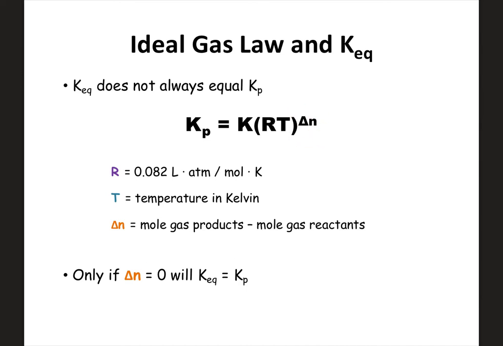Essentially, this delta N is your moles of gas products minus your moles of gas reactants. So if the moles of your products, which are gases, are equal to the moles of gases for the reactants, that will give you a delta N of 0, which means KEQ would equal KP.